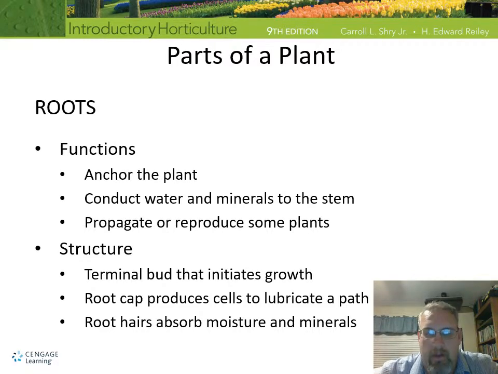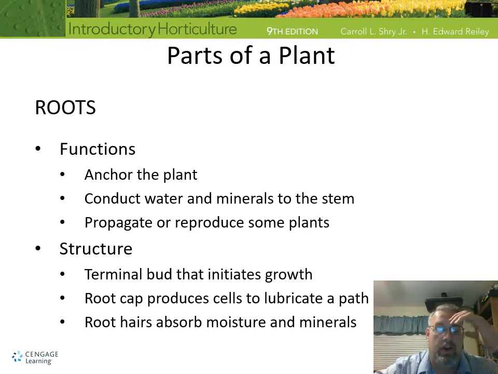The roots have a pretty important function. Not only are they an anchor, which most of us think of a root being, the way the plant will hold itself into the ground, but it also acts as a storage device for nutrients and water. We have roots bring the nutrients and water from the soil and up into the plant so that the plant can utilize the nutrients in the places where it needs it.